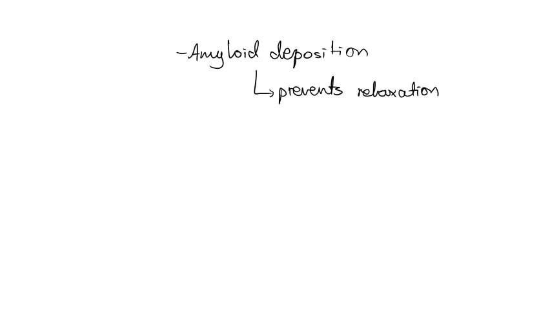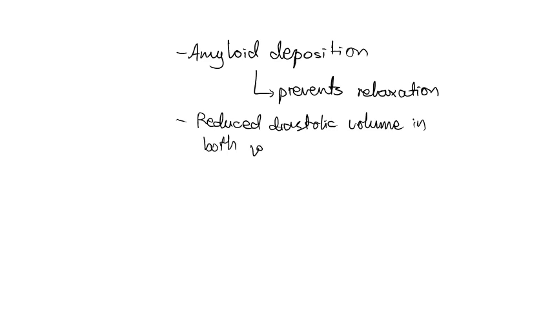Some of the physiological effects that I've gone through already include restrictive filling and therefore reduced diastolic volume. And this reduced diastolic volume can actually occur in both ventricles. On the other hand, since there is no actual problem with the pumping action of the heart, there is near normal systolic function and wall thickness.